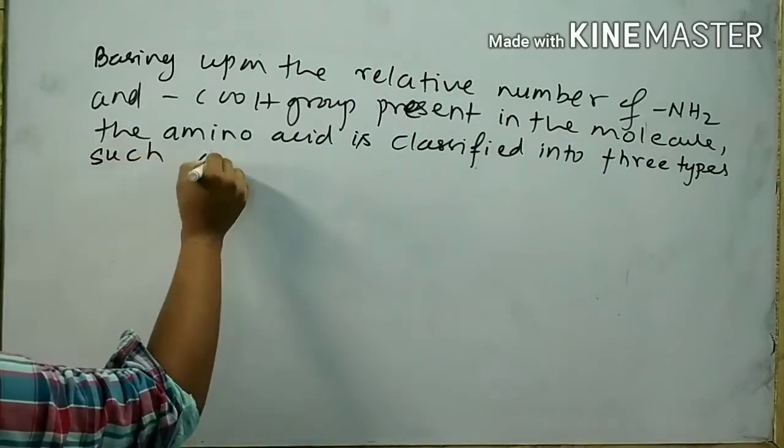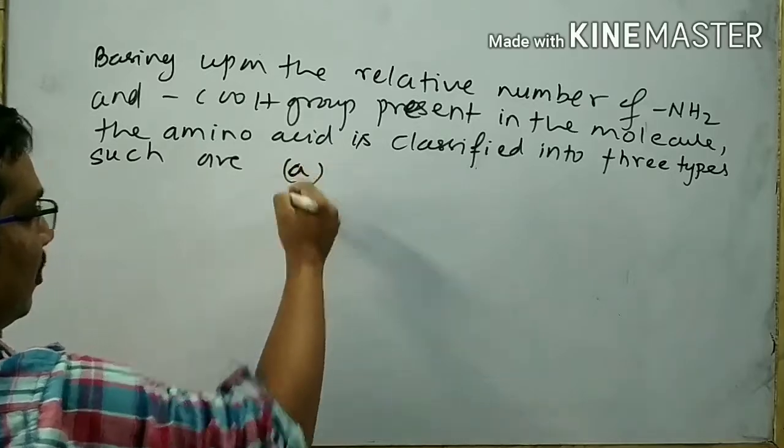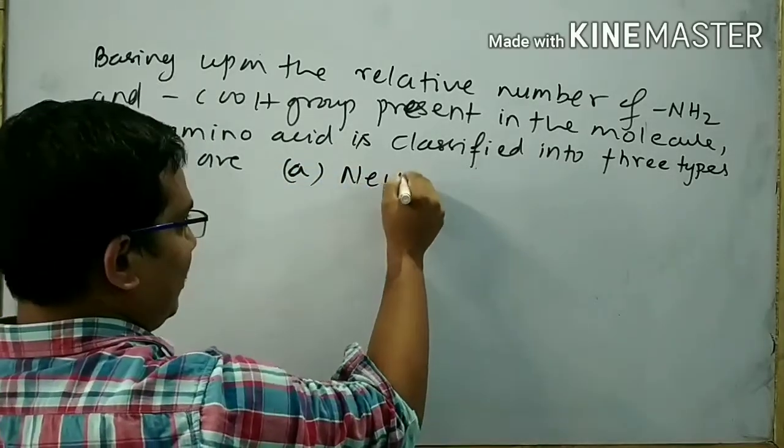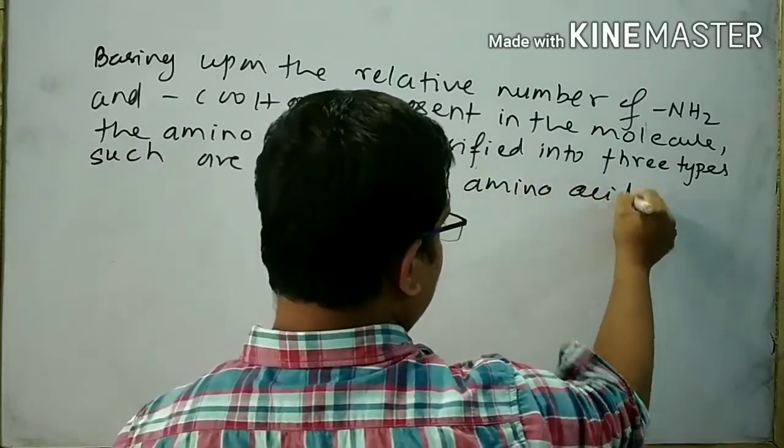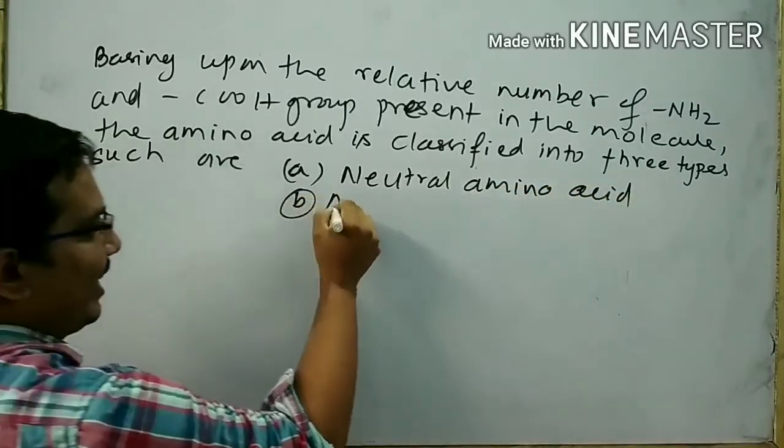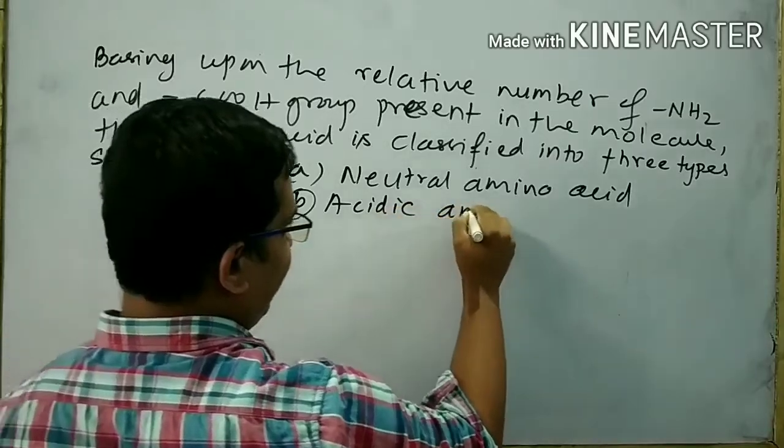Number one is neutral amino acid. Number two is acidic amino acid.